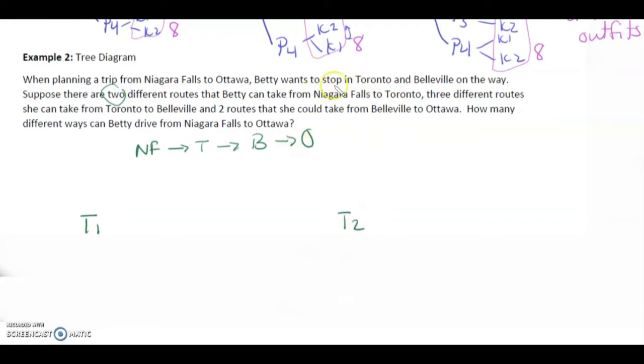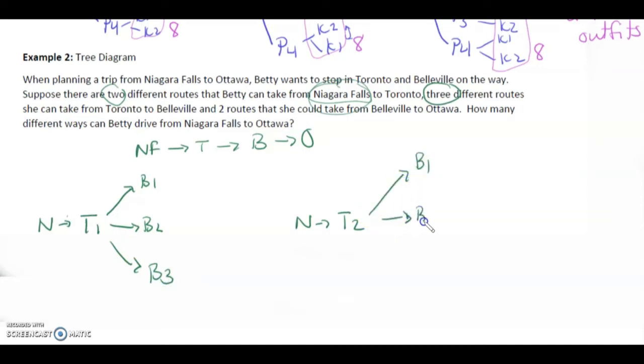Niagara Falls is just her starting point, so it doesn't change. There are 3 different routes she can take from Toronto to Belleville: B1, B2, B3.